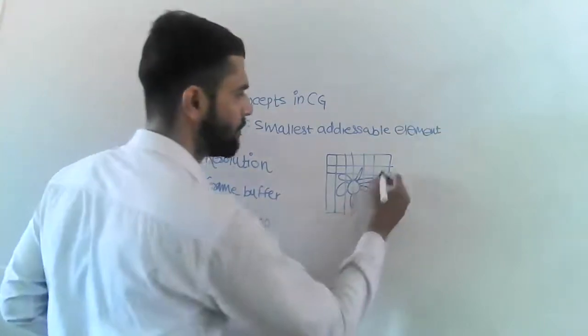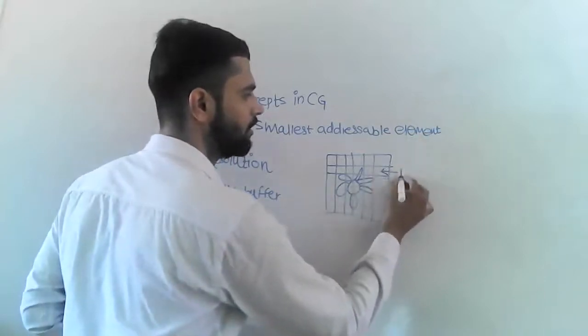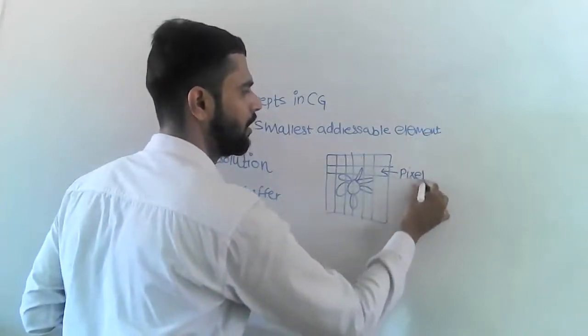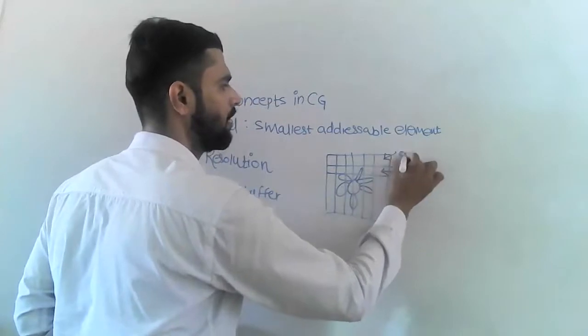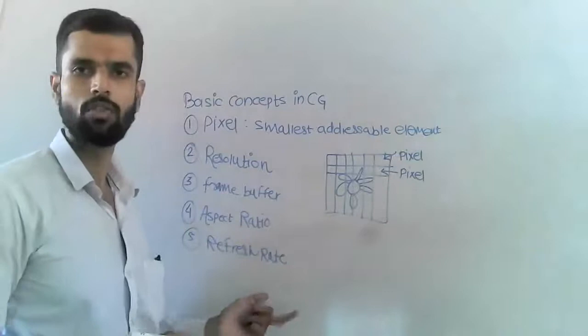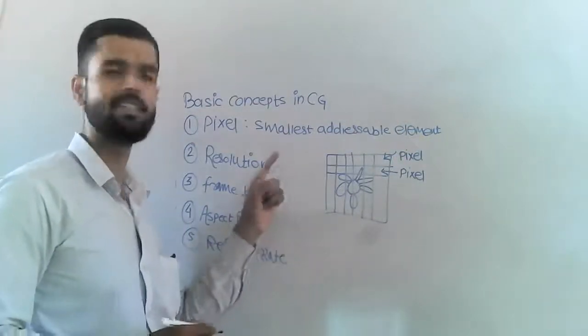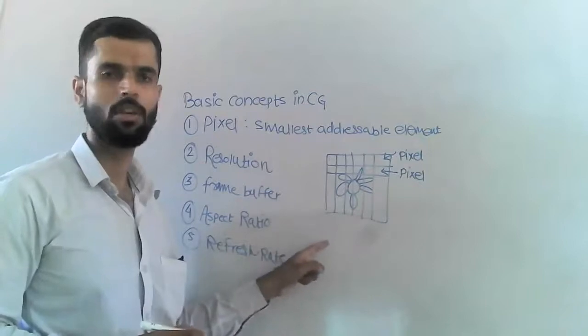These blocks are called pixels. This is one pixel. Thousands, even millions of pixels are present on the computer screen.